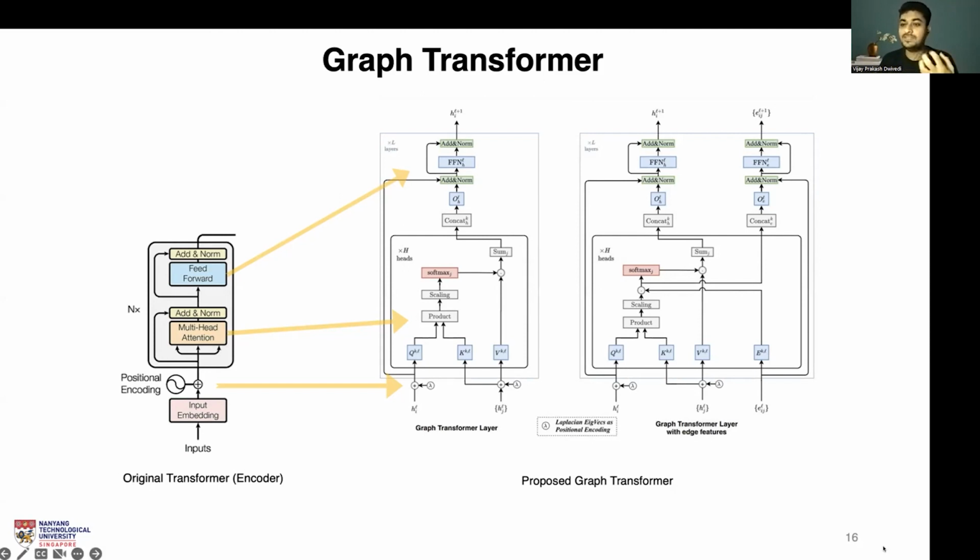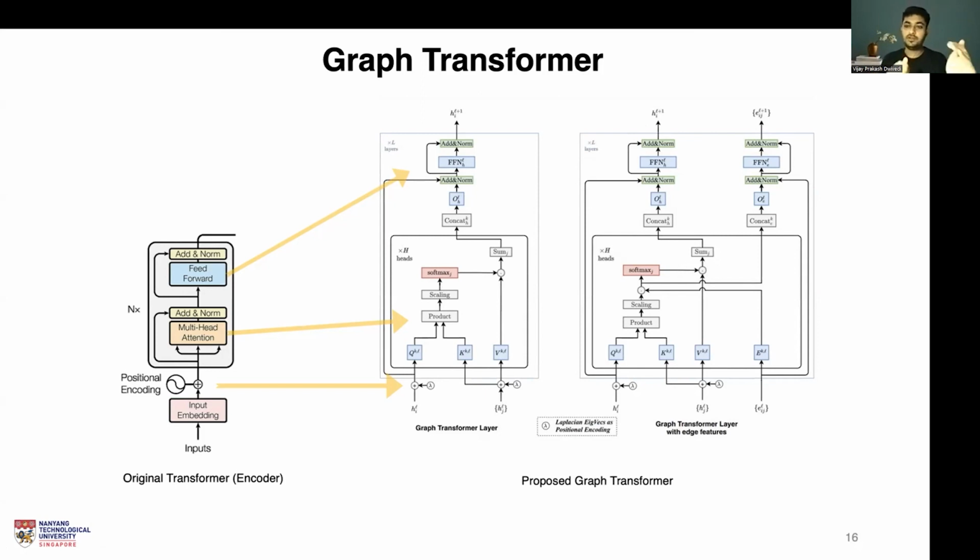When we have this kind of explicit edge information, it can be used to alter or modify the implicit attention scores computed, and we can maintain a parallel module to also update edge information alongside the node information.